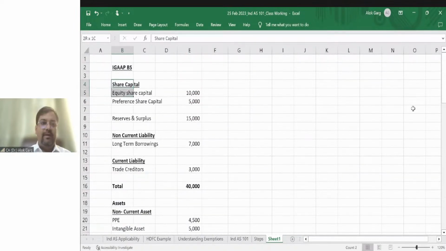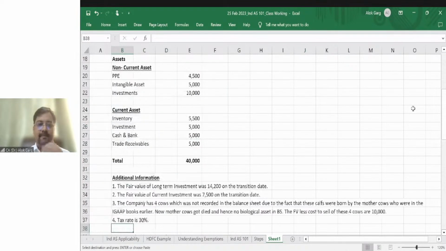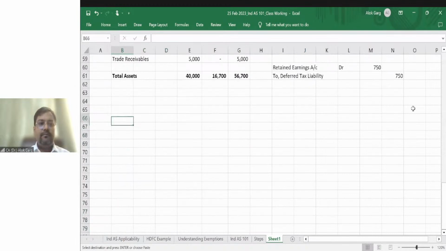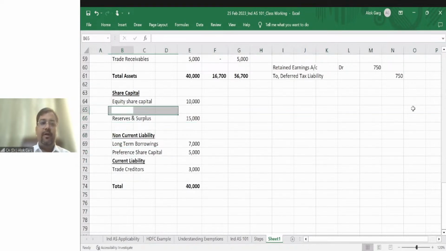Now let's go to the liability side, right? First of all, this preference share capital, so share capital, equity share capital, right? This preference share capital will become part of non-current liability.